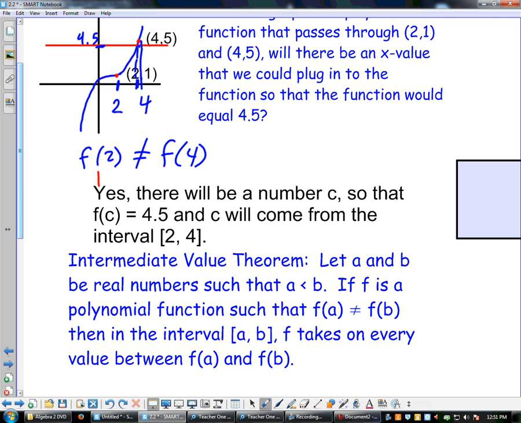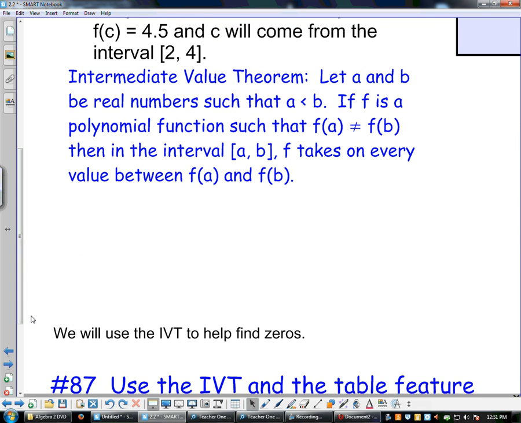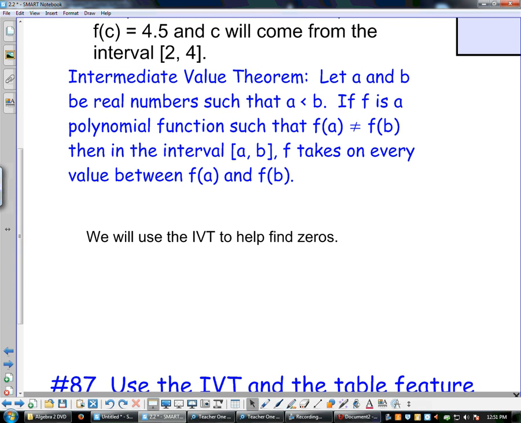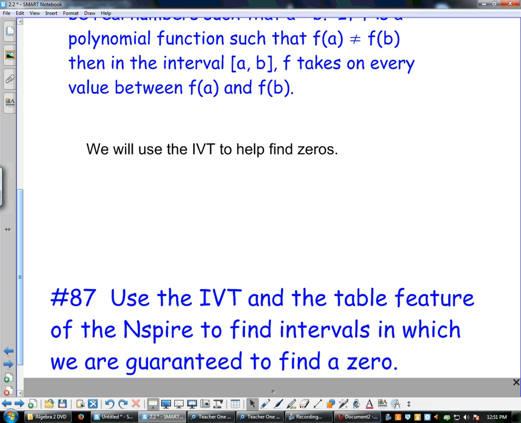F of 2 was equal to 1. What was f of 4 equal to? 5, right? So they were not equal. That's fine. And that means that in the interval from 2 to 4, the function is going to take on every value between 1 and 5. So you can get any value between a height of 1 here and a height of 5 here. What's the purpose of this theorem? The purpose of this theorem is to help you find zeros of the function.